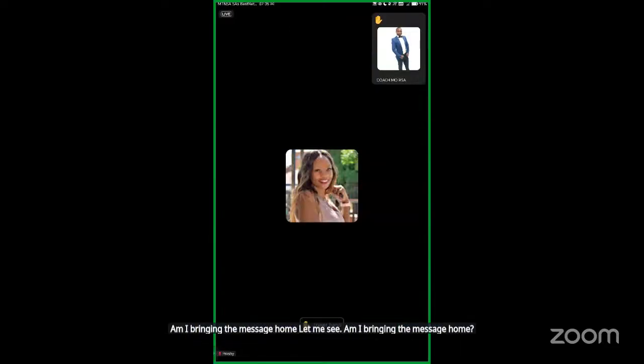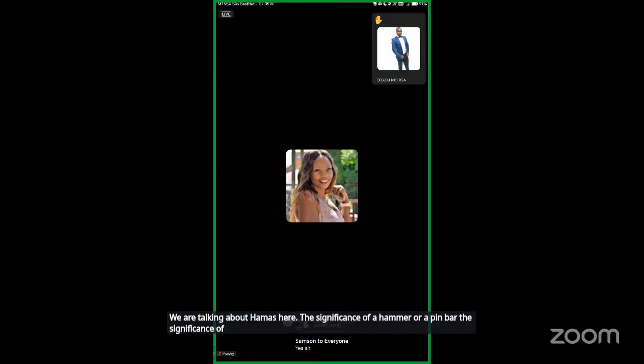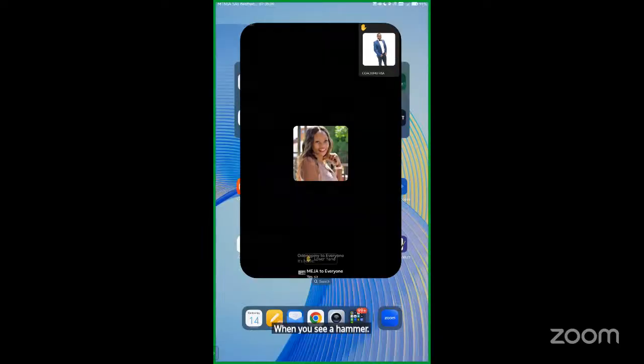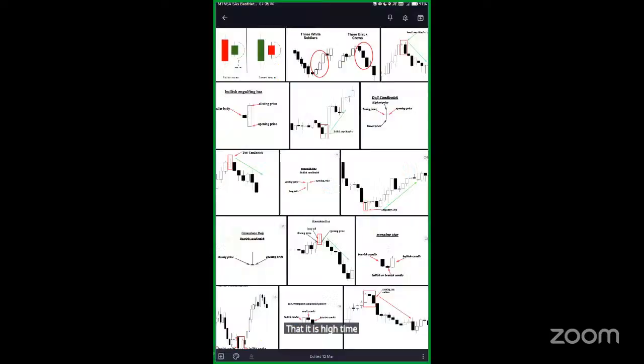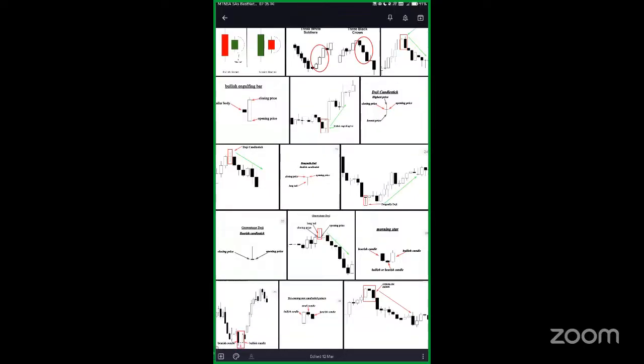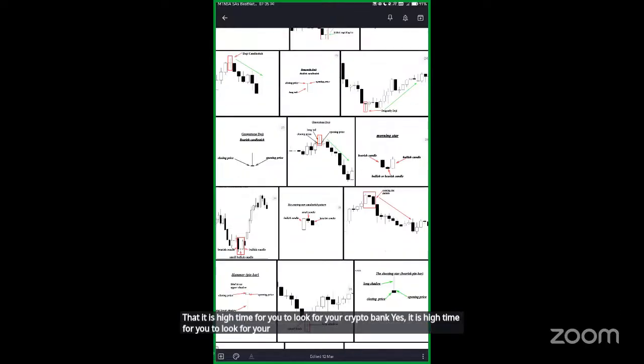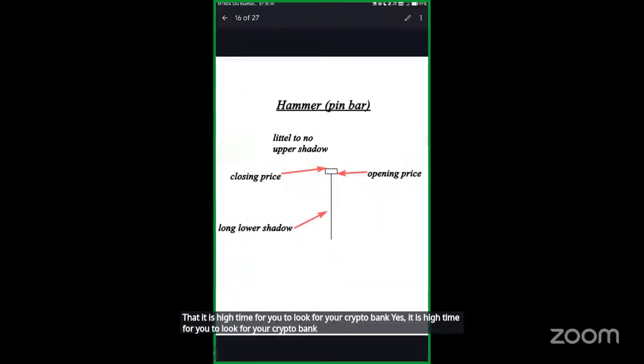We are talking about hammers here. The significance of a hammer or a pin bar. So when you see a hammer, you should understand that it is high time for you to look for your crypto bag, because the market might reverse to the upper side.